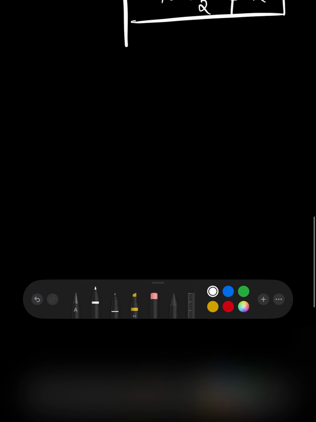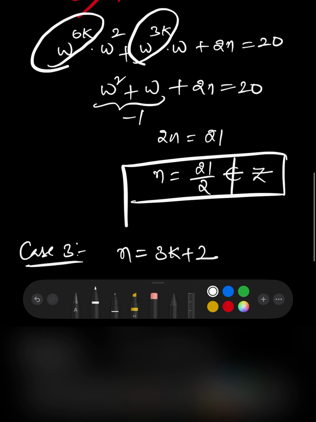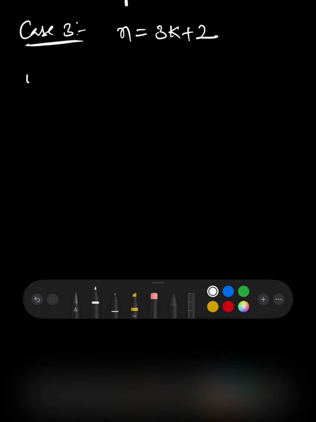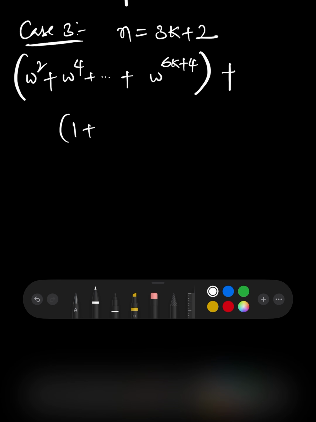Now move on to case 3, that n equals 3k plus 2, right? Based on this, we get omega square plus omega power 4 plus and so on plus omega power 6k plus 4, plus here 1 plus omega plus omega square plus and so on plus omega power 3k plus 2, plus 2n equals 20.